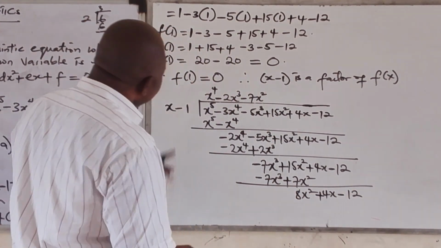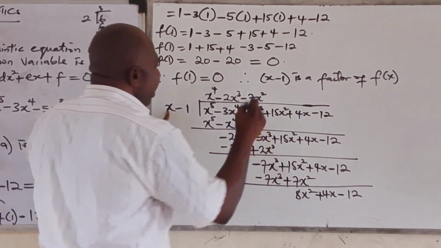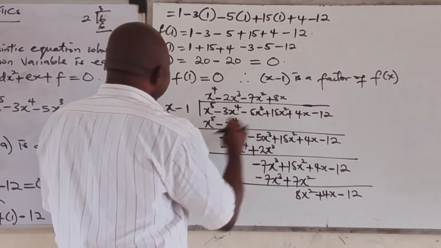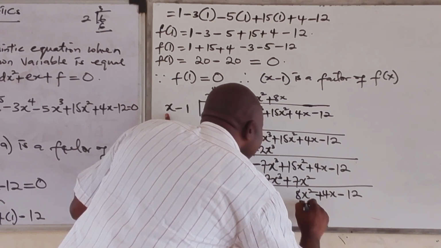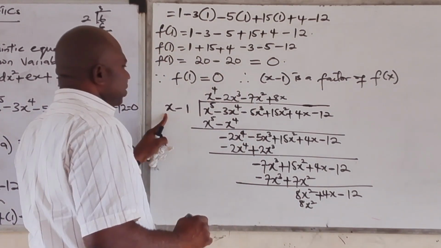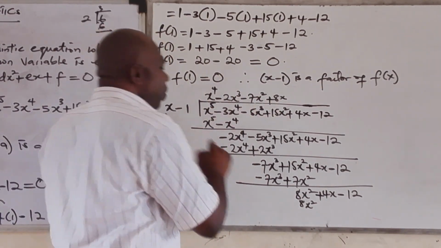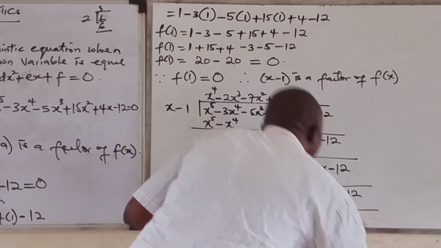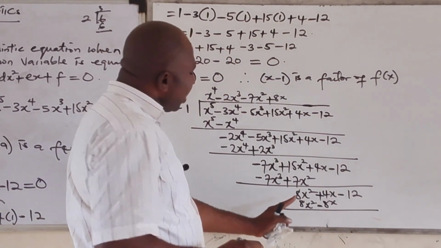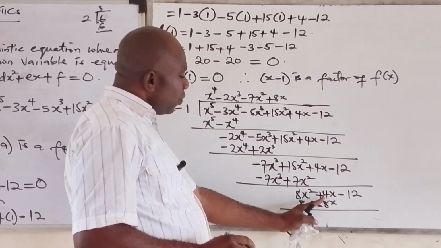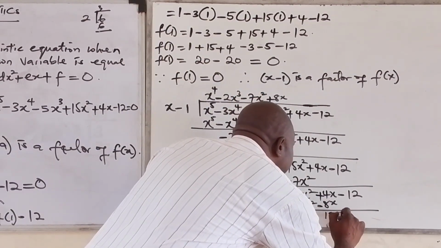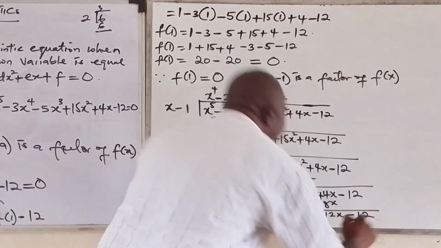Okay, so now we have x into 8x squared is 8x. 8x times x is 8x squared. 8x times minus 1 is minus 8x. So the whole of this now will be, here we have this minus this gone. We have 4x minus 8x, that will be 12x. So we have 12x minus 12.